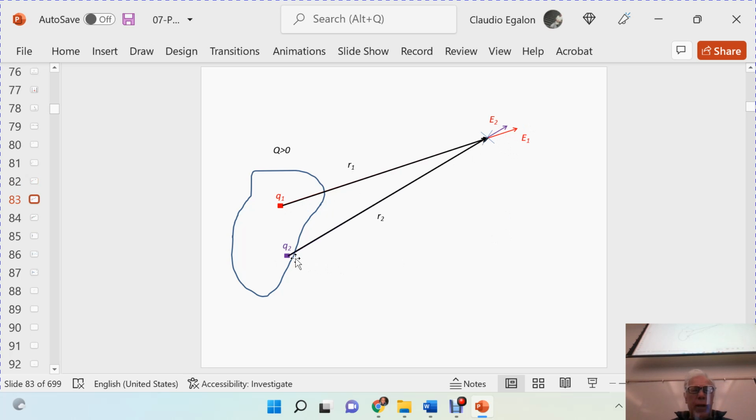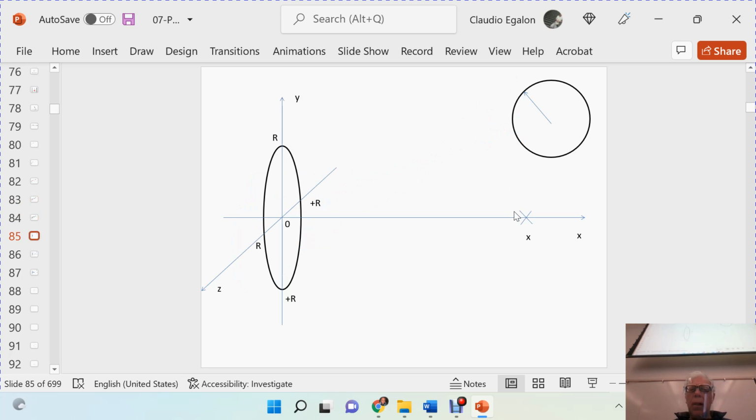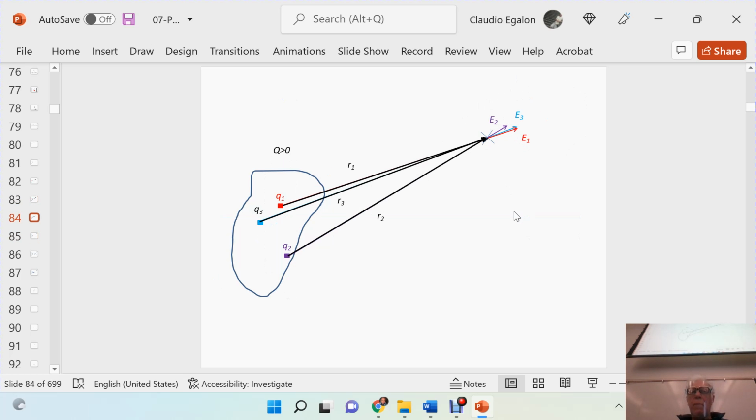Another charge that I call Q2 at this spot will have another electric field contribution, something like that. And so on. So that's the qualitative idea of how to solve this problem. Each of those infinitesimal regions in the continuous charge distribution behaves like a point charge.